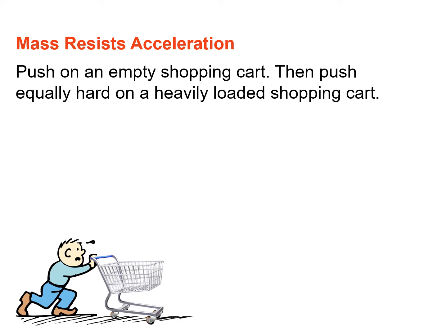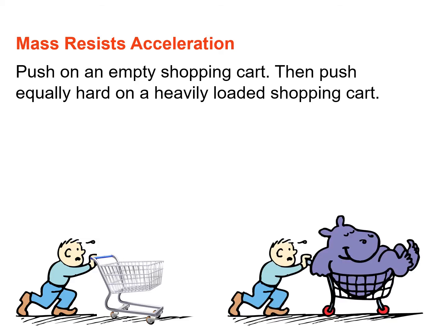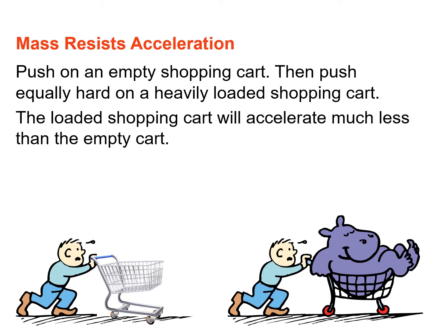Consider this situation. You're pushing an empty shopping cart with a given force. Now, push that same shopping cart when it's heavily loaded. If you push it equally with the same force in both cases, you'll see that the empty shopping cart accelerates much faster than the full cart.